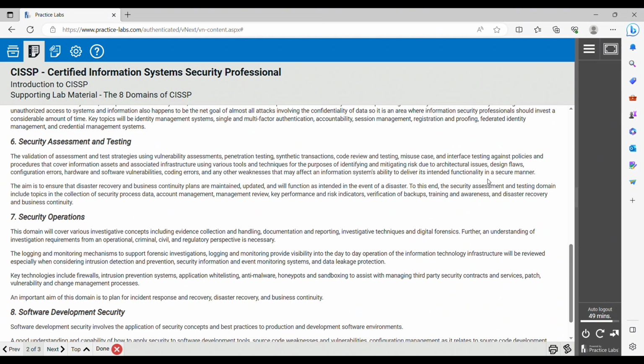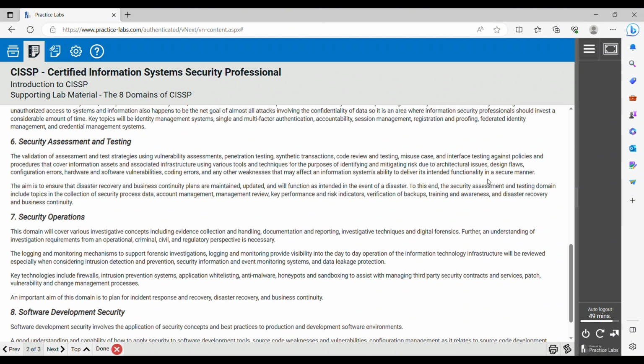The aim is to ensure that disaster recovery and business continuity plans are maintained, updated, and will function as intended in the event of a disaster.